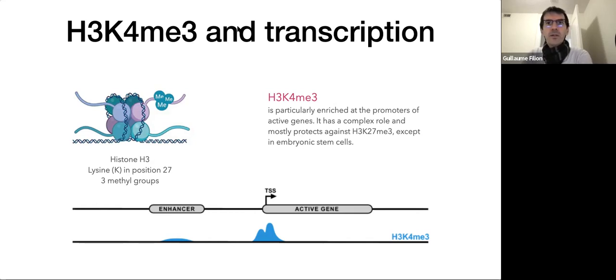The recent evidence that people have acquired is not very consistent with this idea, in the sense that you can have a perfectly normal cell with perfectly normal transcription without this mark. In some cases you can just remove the mark completely and the cell is going to be fine with it. In particular, ES cells are fine. You don't need to have that modification.